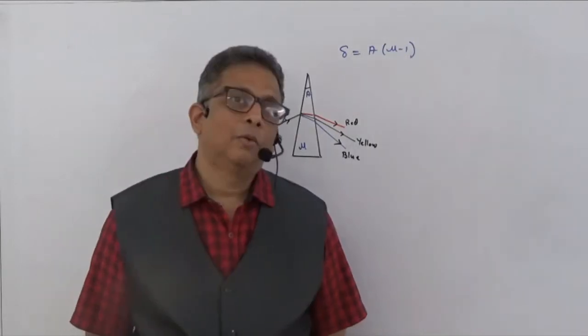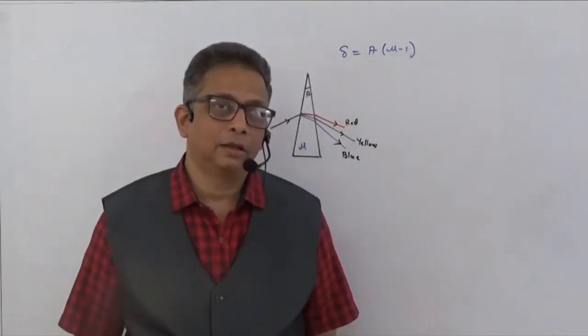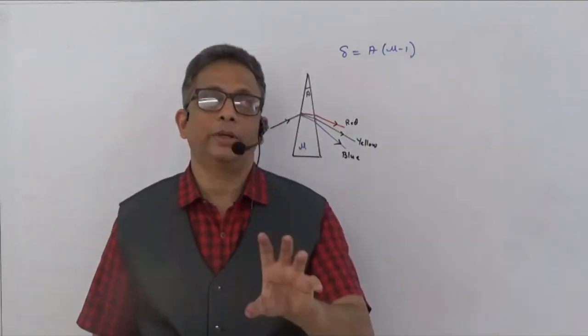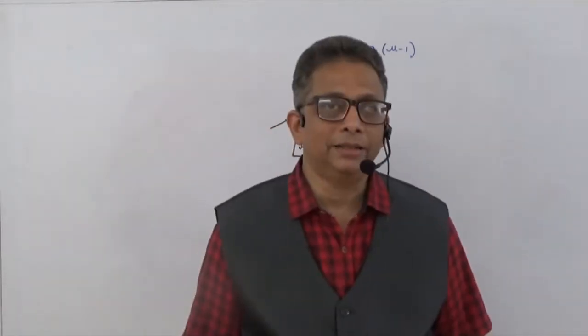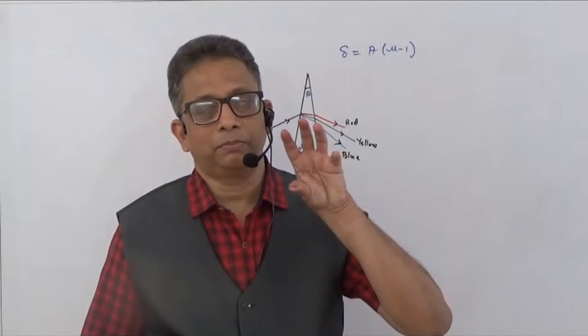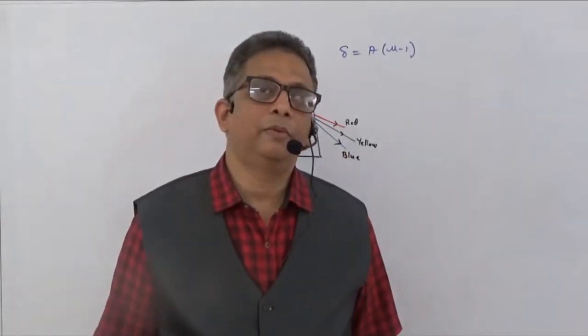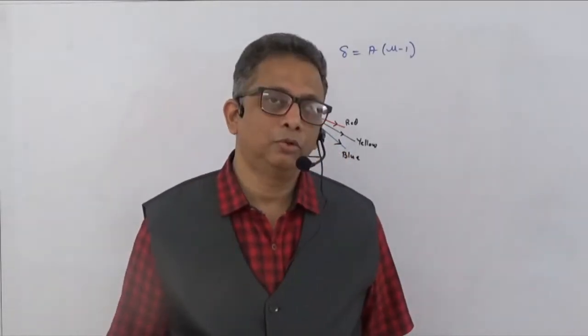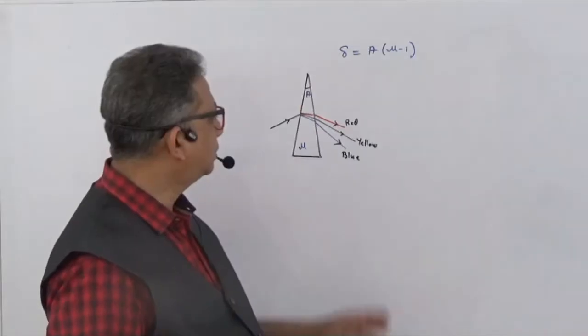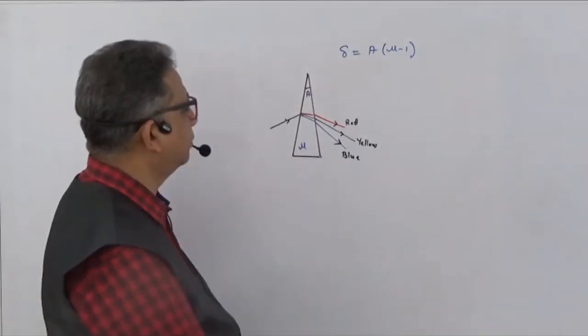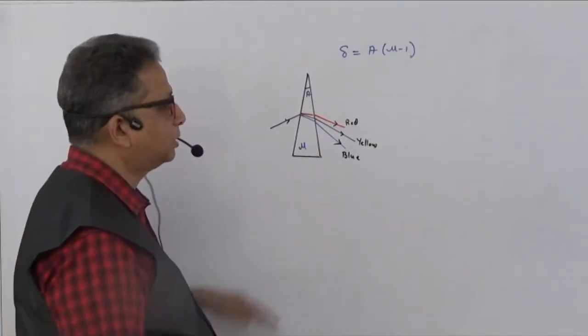And why are signals, SOS or danger signals, of red color? Because red deviates the least, and therefore it will pass directly and straight, and it will be visible to a human, to danger signals.